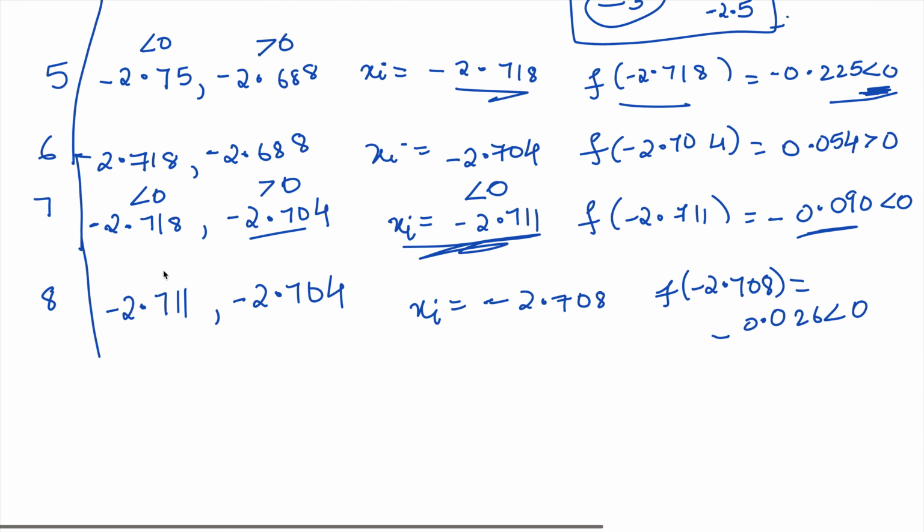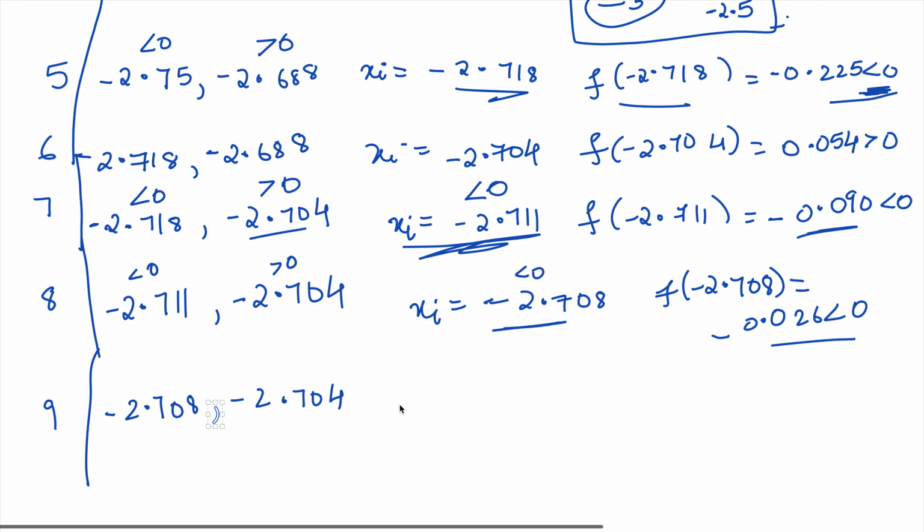So again, this was less than 0, this was greater than 0, and this is giving us less than 0, right? So we will take the greater-than-0 one from our previous interval. So -2.708, less than 0, and -2.704.